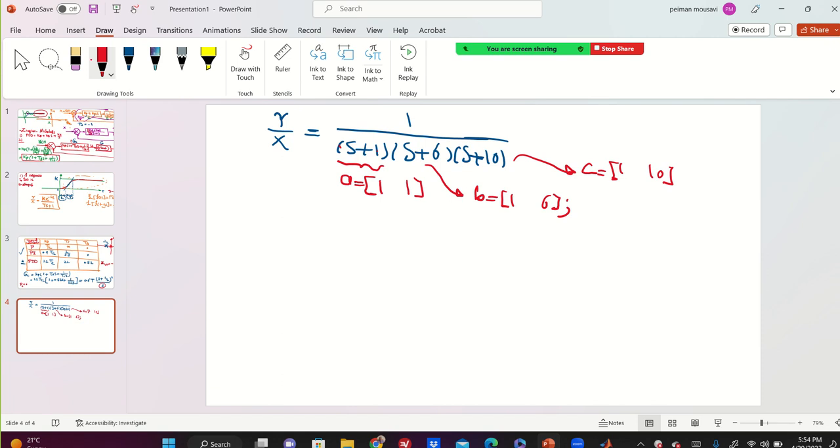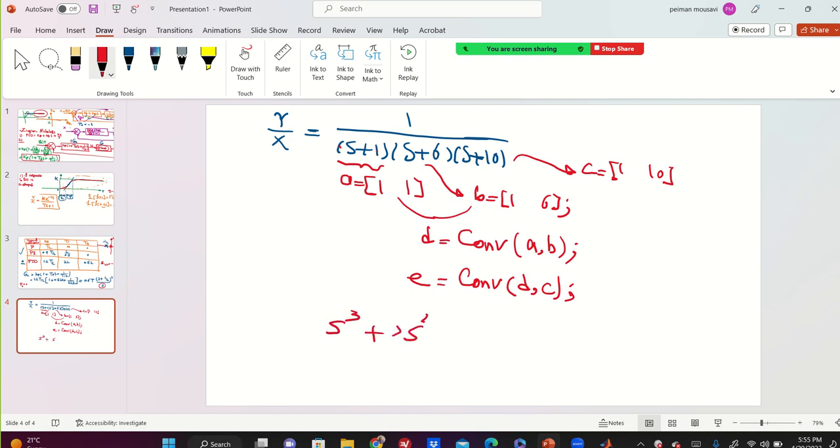The product of this is D, conv of A and B. When you got that, your E is going to be conv of C and D. I forgot whether you can do 3 together, but I'm going to try. So it gives you the third order system coefficients.